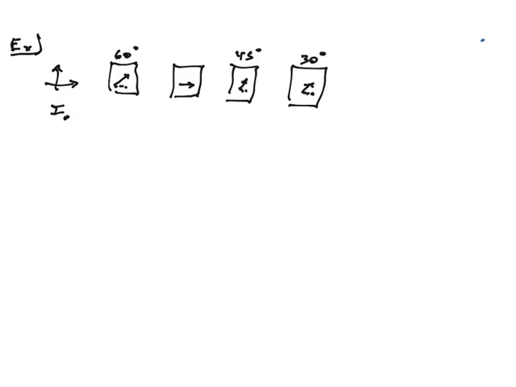So, I start unpolarized and I'm trying to get through 60. How much intensity will I have? 1/2 because of that guy. Now that I'm through, I'm now polarized at 60 degrees because I got through.